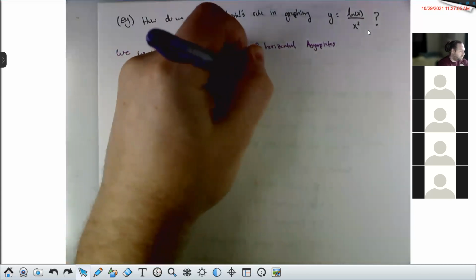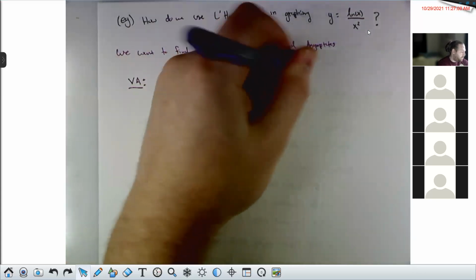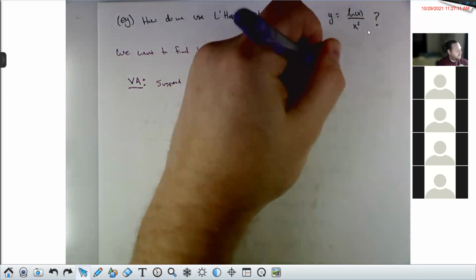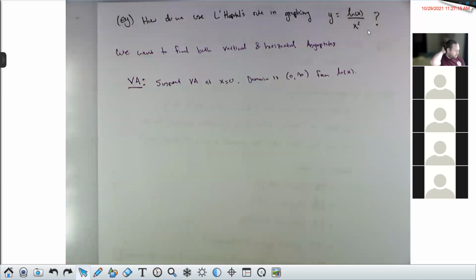Now, a quick note, the domain here is the open interval 0 to infinity from the natural log, right? If not for the natural log, it would be everything except 0, like 1 over x squared has domain all real numbers except 0.